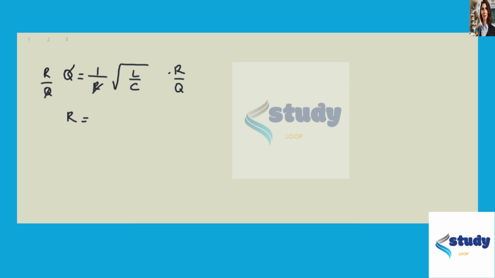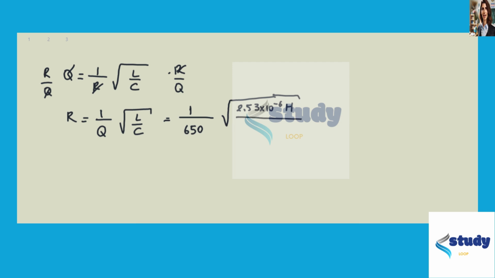If you multiply both sides by R and divide both sides by Q, these are going to cancel out. So what we have is R equals 1 over the Q factor times the square root of L over C. Then Q was given to us as 650, times the square root of L, which we calculated to be 2.53 times 10 to the power of negative 6 henries, divided by the capacitance, 0.01 times 10 to the power of negative 6 farads.